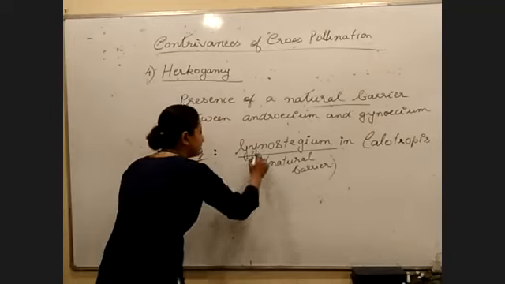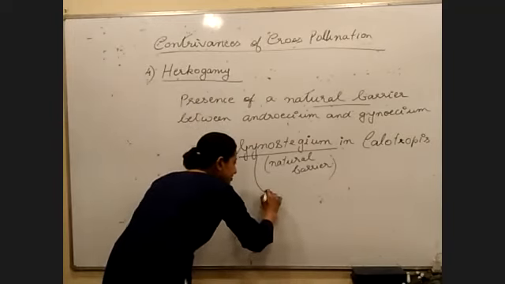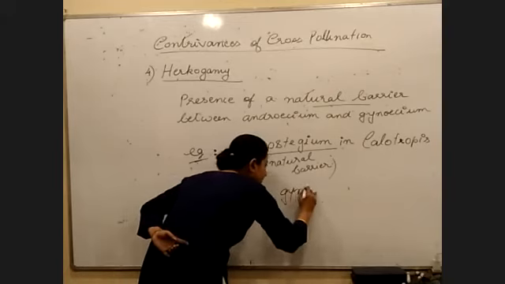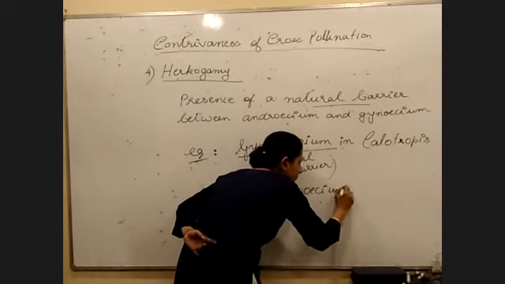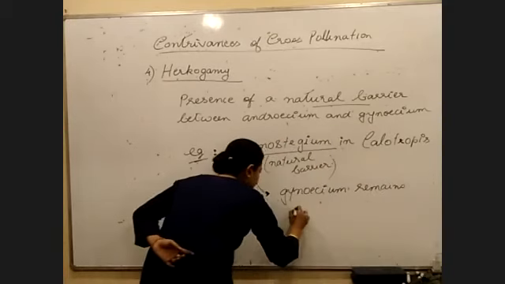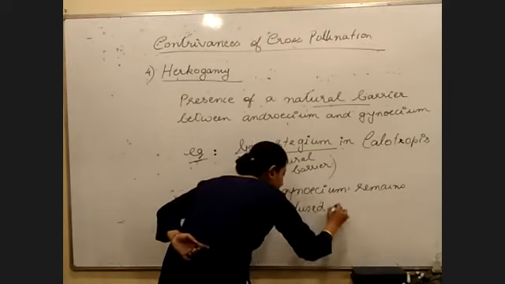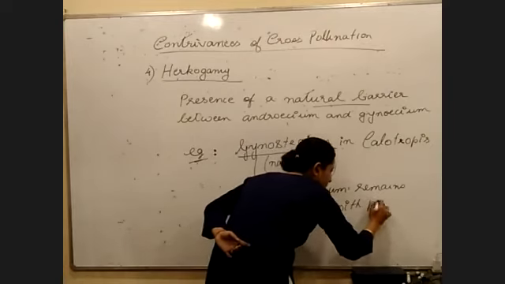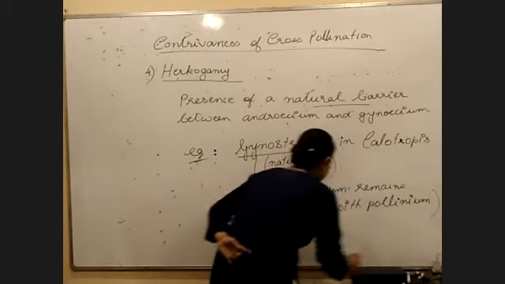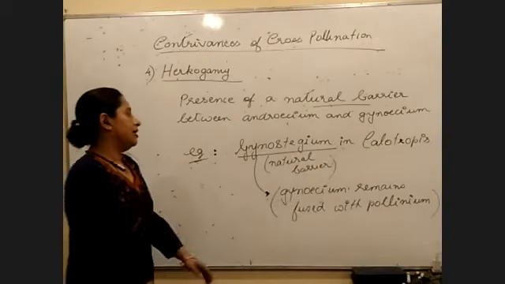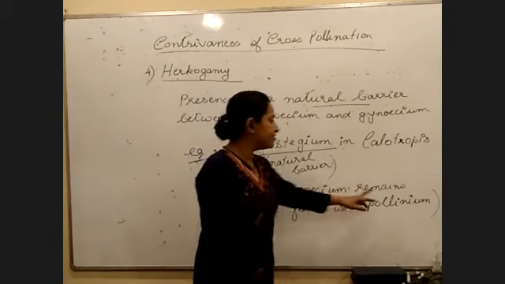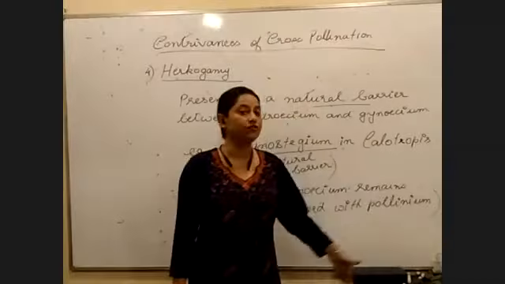What is gynostegia? It is a structure that is formed when the gynoecium of a flower remains fused with the pollinium of the flower.